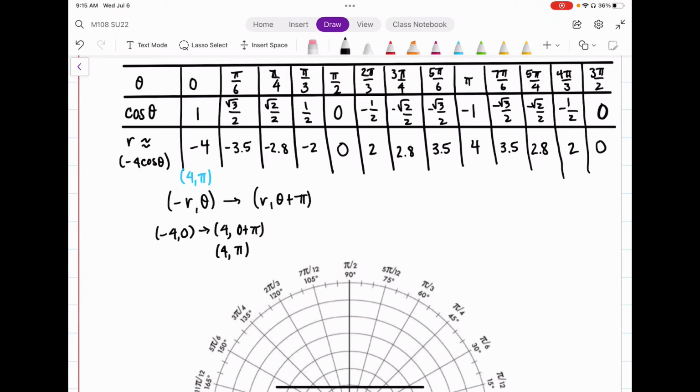Same thing is true for the next point, where we have -3.5, pi over 6. That's actually going to be graphed as 3.5, pi over 6 plus pi. I'm going to take pi and turn that into 6 pi over 6, so that they have the same denominator. So 1/6 pi plus 6/6 pi is 7/6 pi.